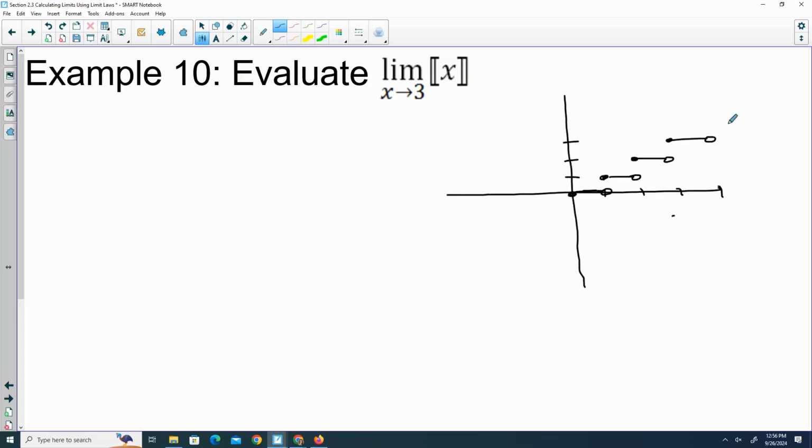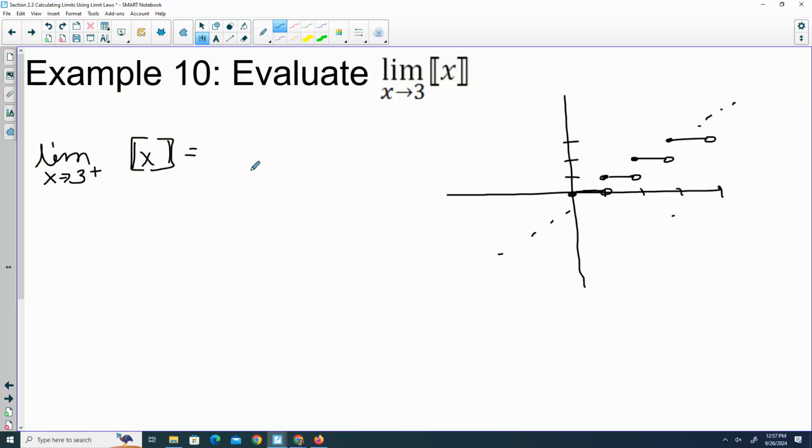Okay, so remember this type of graph? Okay, so as x approaches 3, what do you think the limit is? 3, probably. Okay, let's see. No, because it's not going to 3 on both sides of 3.